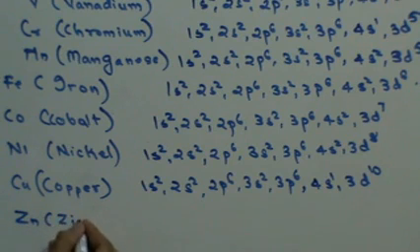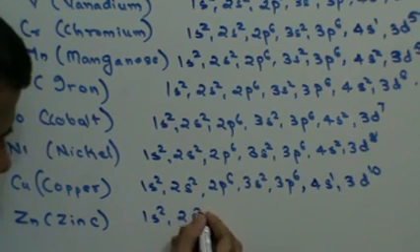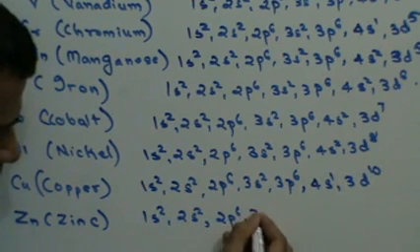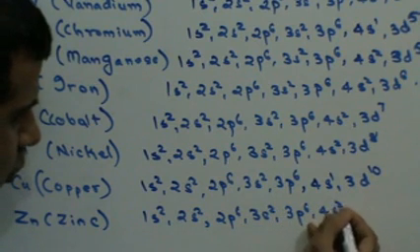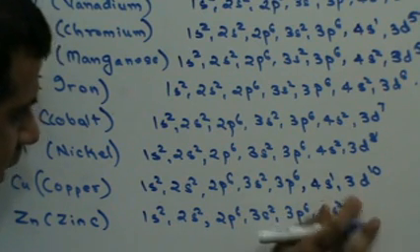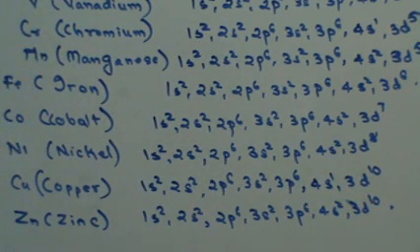Zinc, right? Zinc is going to be 1s2, 2s2, 2p6, 3s2, 3p6, 4s2, 3d10. Right? Do we get this thing here?